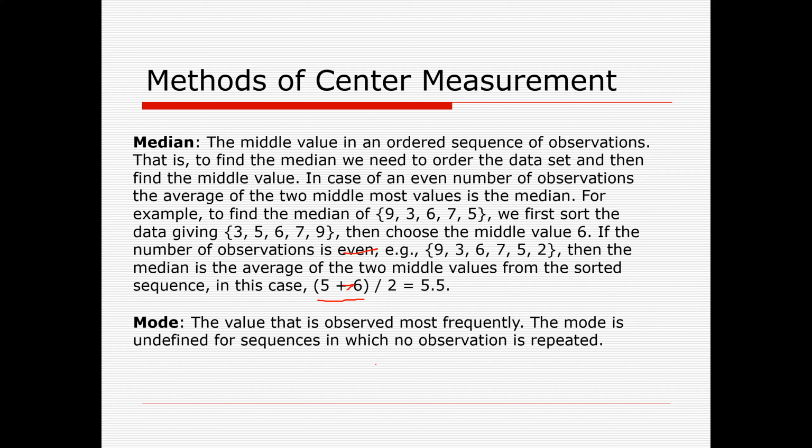While the mode is usually the value with the highest frequency. But you know there are times we have a situation whereby none of the observations is repeated. We say the mode in that case is undefined. See it there. This is there for you to read. When you have a data set with unrepeated observations, say it's undefined.